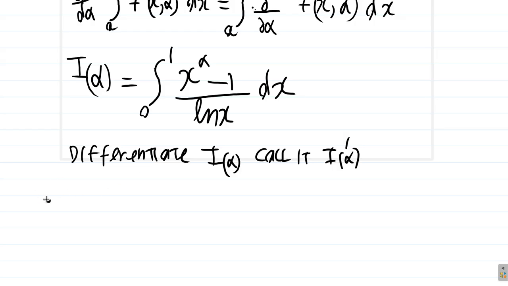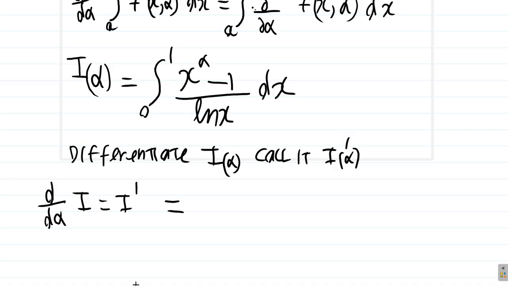So we find the derivative of I with respect to alpha, which we will call I prime. Now what is it? Well, we differentiate both sides.